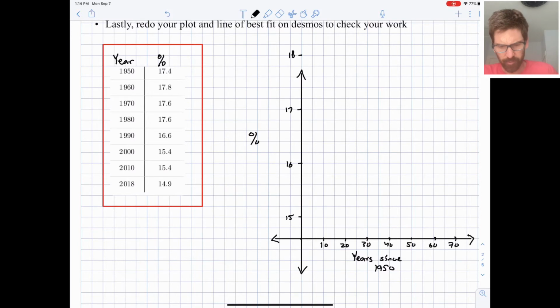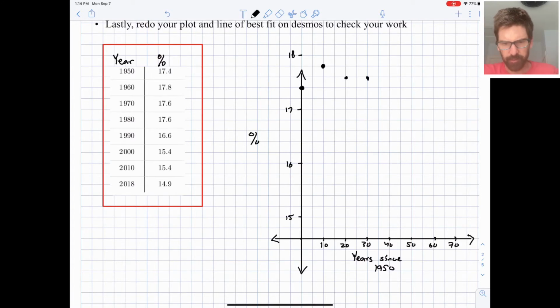1950, we're at 17.4, so that's right here. 1960, we're at 17.8, so it looks like it went up a little bit. 1970, we're back at 17.6, for a couple of different decades, 17.6 and then another 17.6.